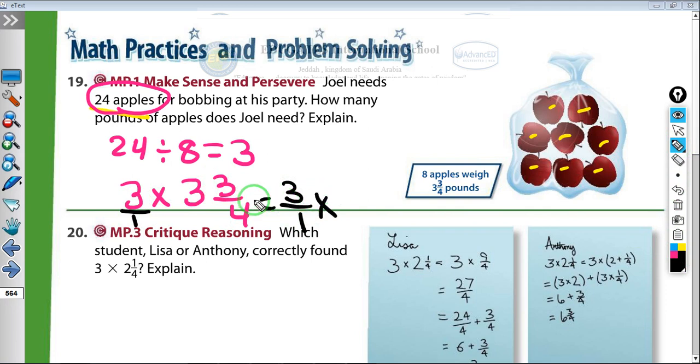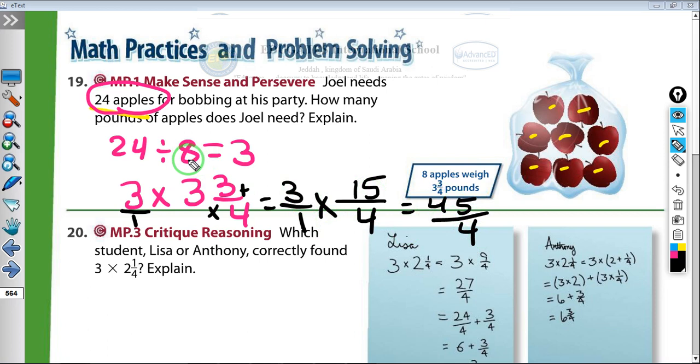The 4, put it here, 4. 3 times 4 is 12. Multiply and plus: 12 plus 3 is 15. Then 3 times 15 is 45, over 4.